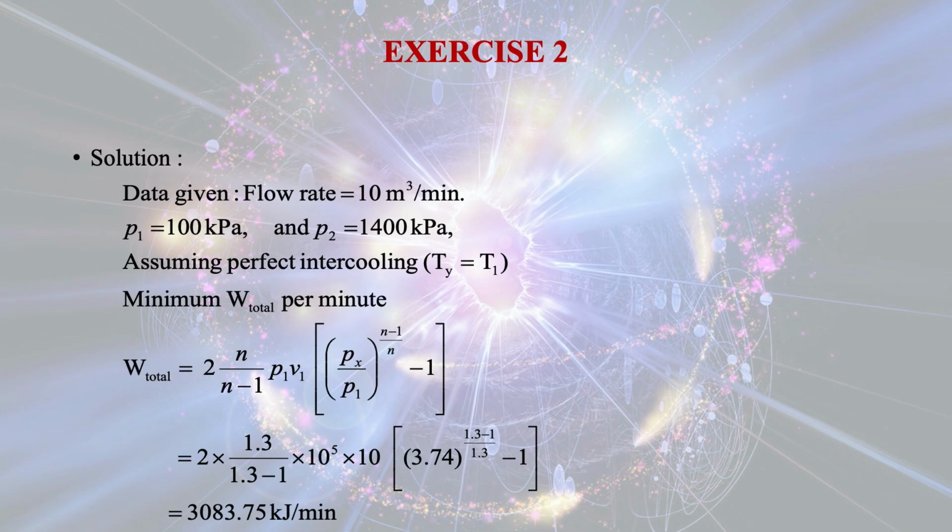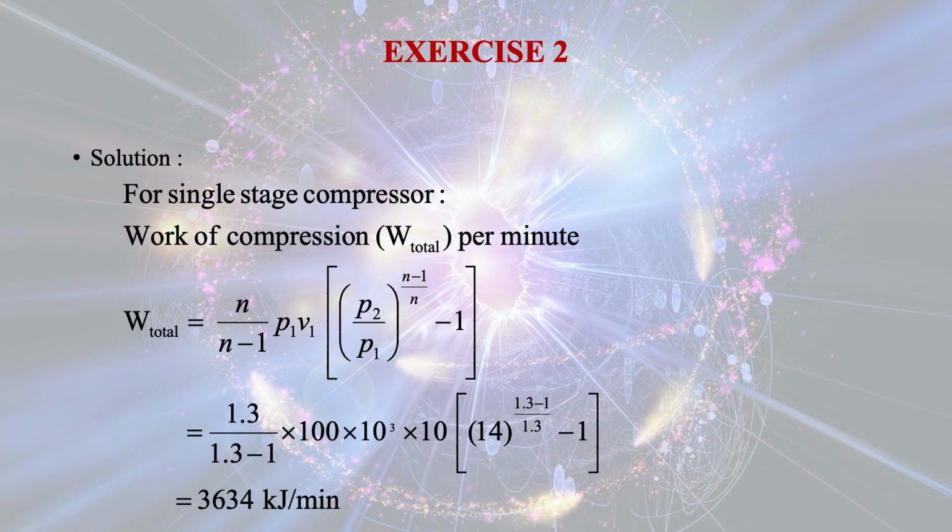You know very well how to calculate this because all the data are given: P1 is given, small v1, the specific volume, is also given, and Px is also calculated. Just put the values in these expressions and calculate W total, and for this two-stage compression the W total will be 3083.75 kJ per minute.